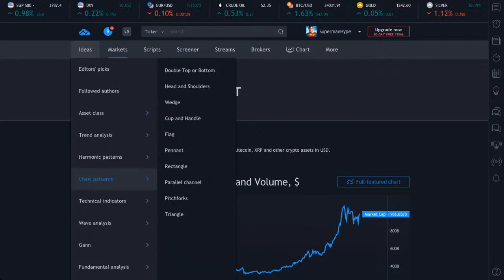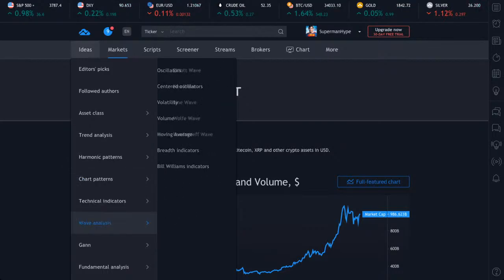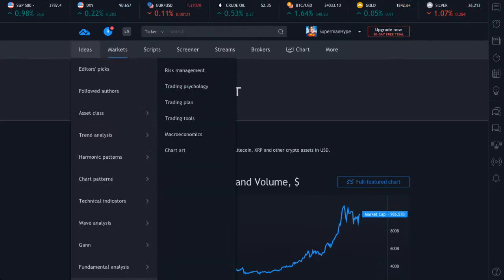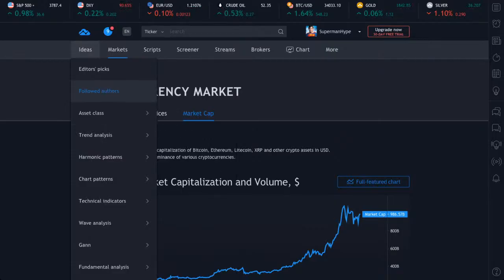You can learn about TA or technical analysis, indicators like this, all sorts of technical stuff if you really want to get into the trading side of things. Of course, you don't have to. You can just follow some popular authors that seem to do really well and their picks.